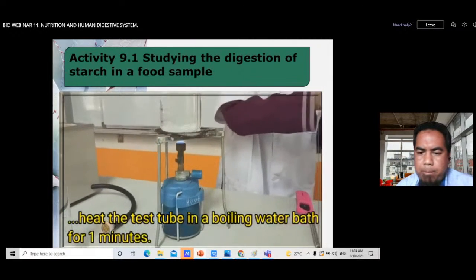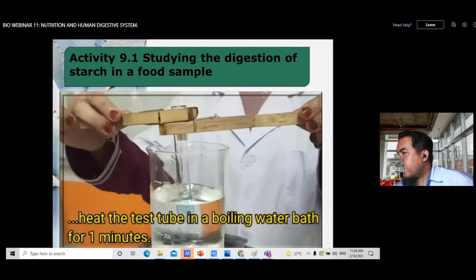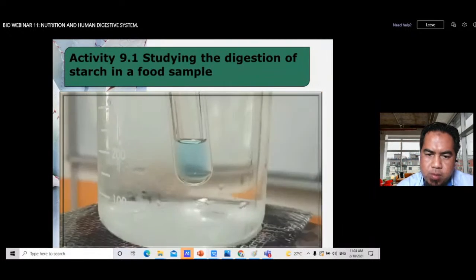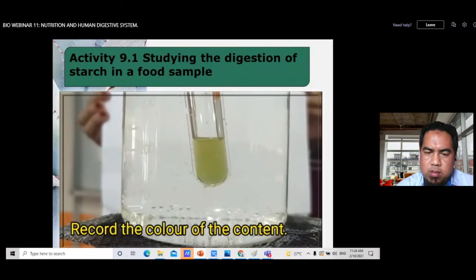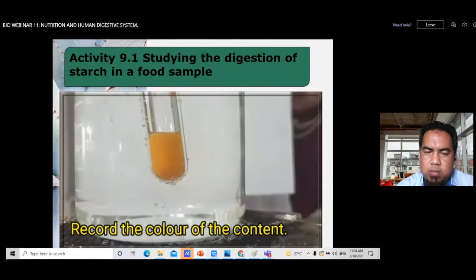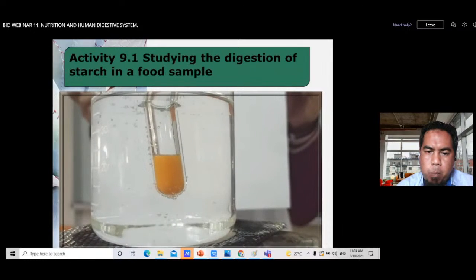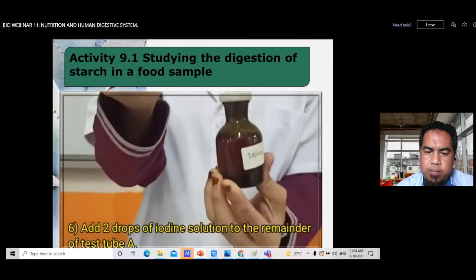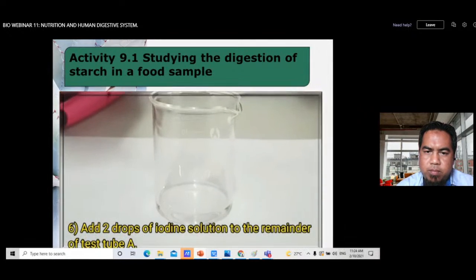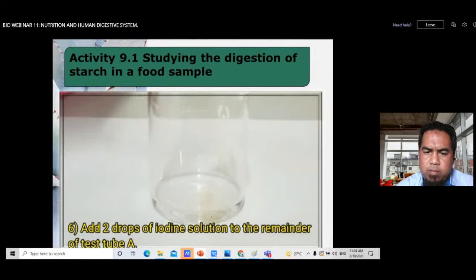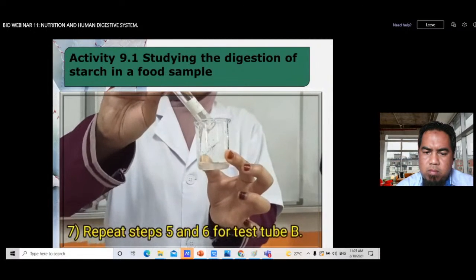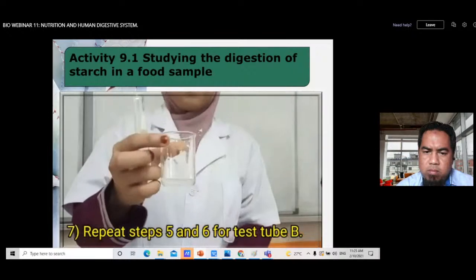Heat the test tube in a boiling water bath for 1 minute. Record the color of the content. Add 2 drops of iodine solution to the remainder of test tube A. Repeat steps 5 and 6 for test tube B.